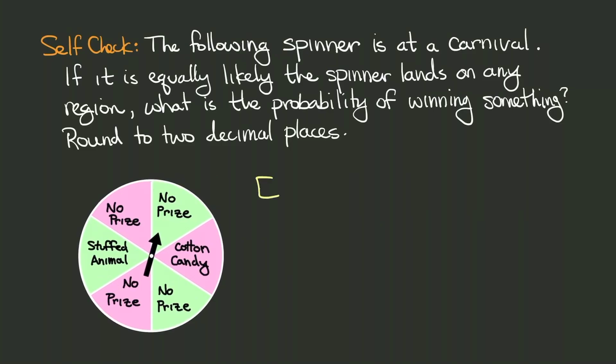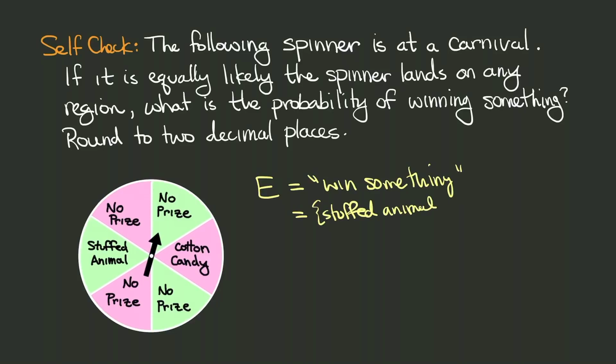So E, which is the event win something, only contains stuffed animal and cotton candy. So the probability of E occurring is going to be the number of ways E can happen, which is 2, divided by the total number of possible outcomes, and we have 6 regions.